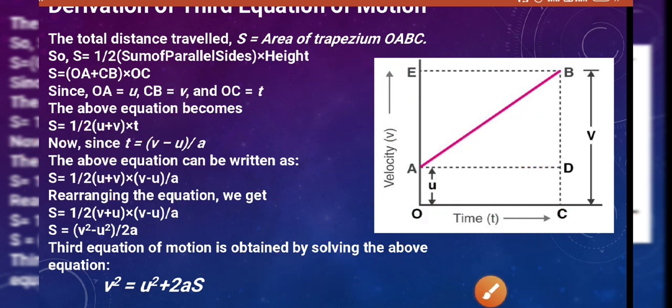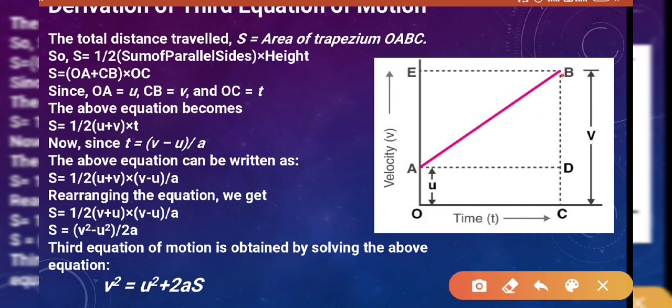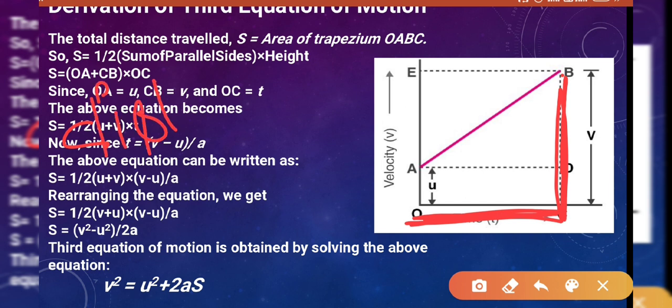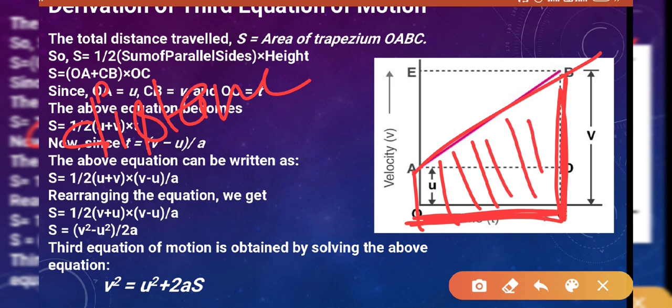Here, if we multiply this speed and this time, then we can get the distance, and this will be equal to the area of this trapezium.